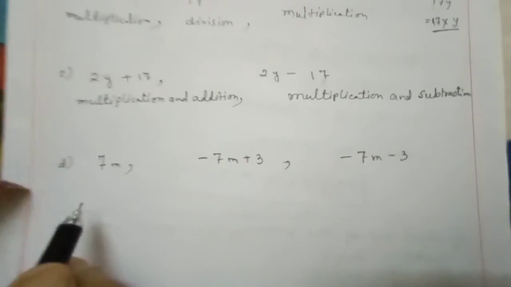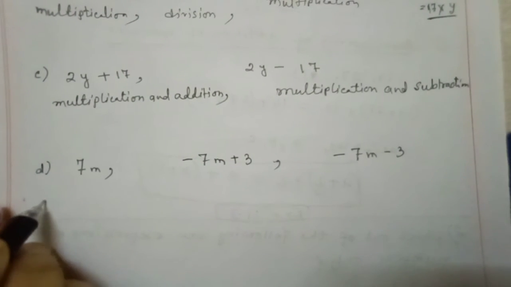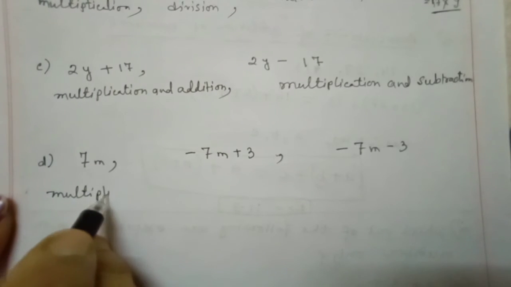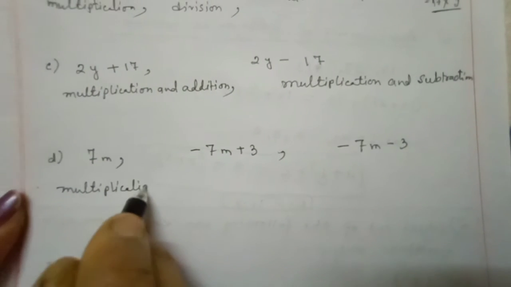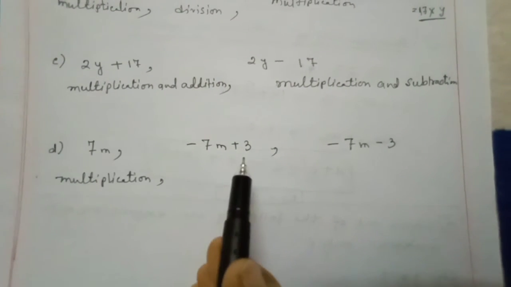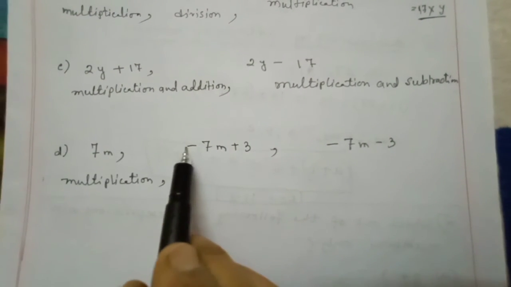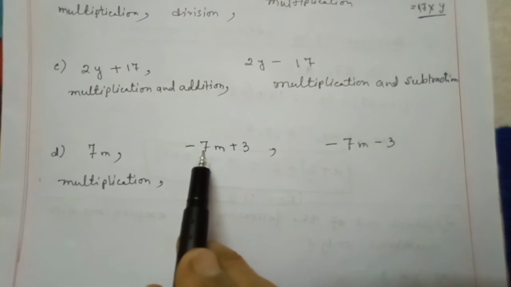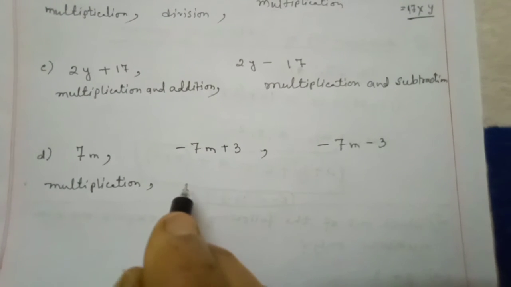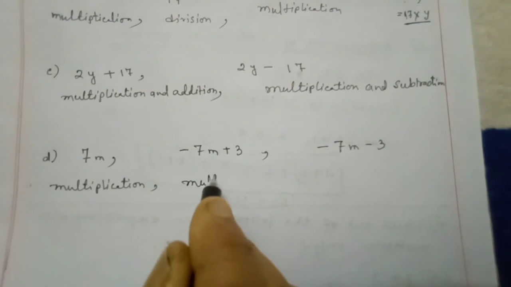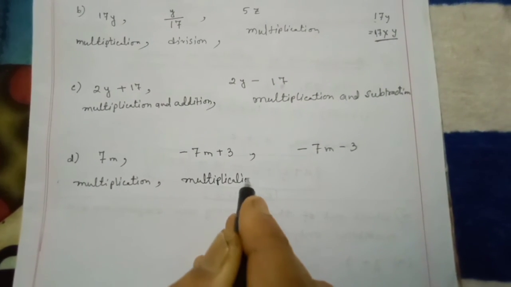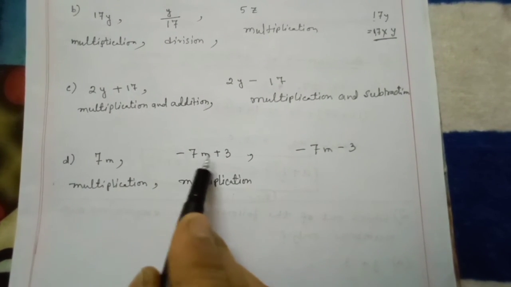Come to the next question. It is 7m, that is multiplication. Here see minus 7m plus 3. M is multiplied with minus 7. So here the operation we can see is multiplication. After multiplication, this one is addition.